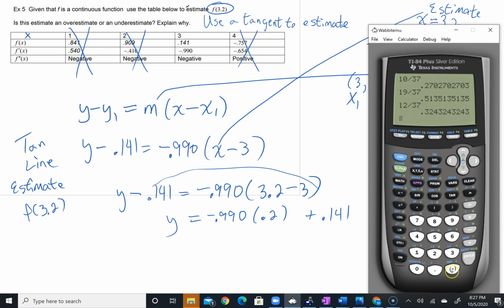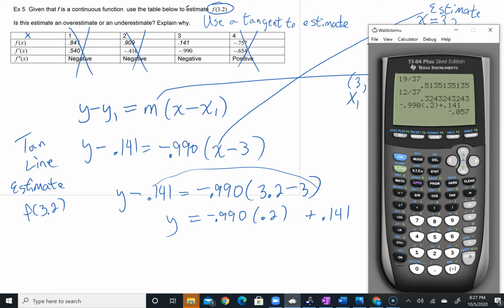So I'll get negative 0.990 times 0.2 plus 0.141. And you can see pretty quickly we'd get negative 0.057.